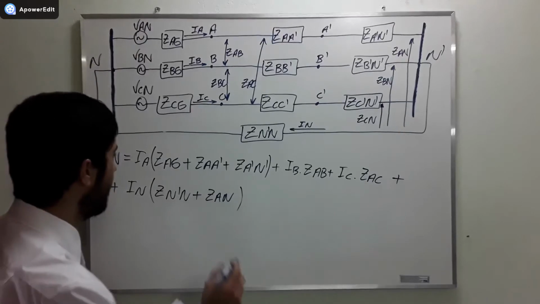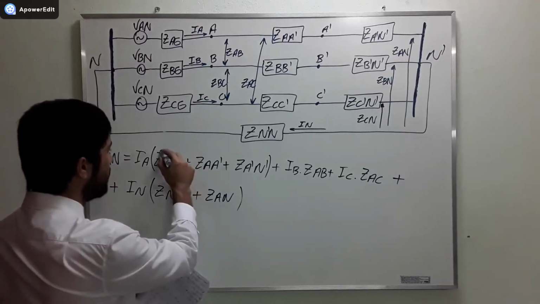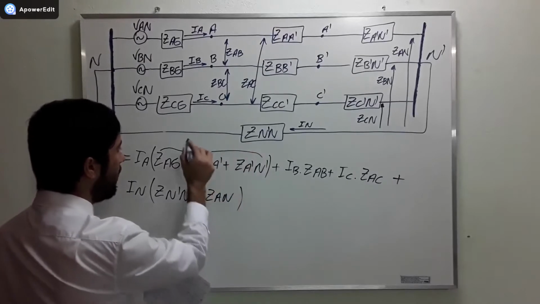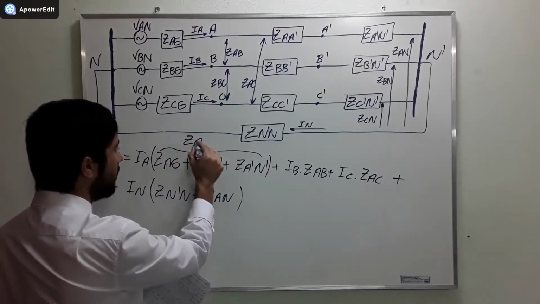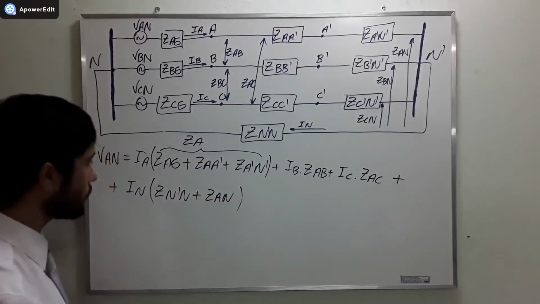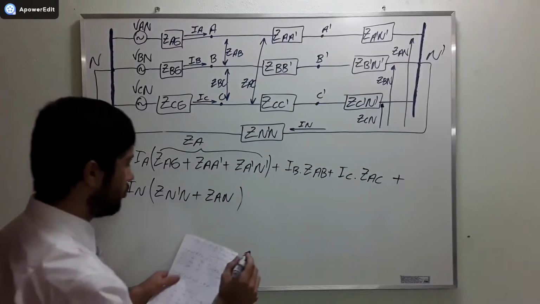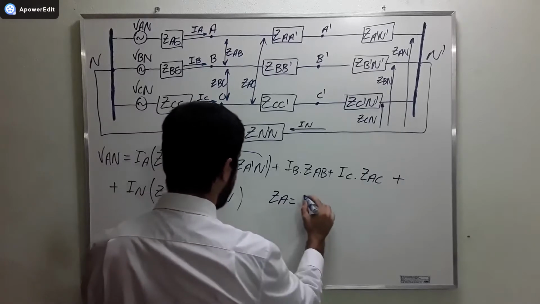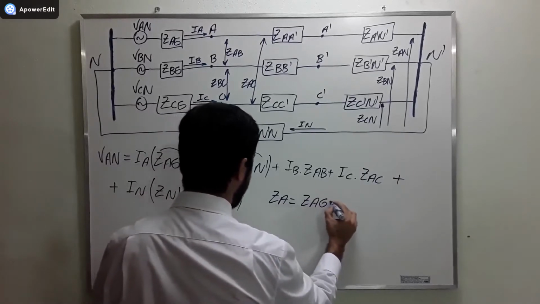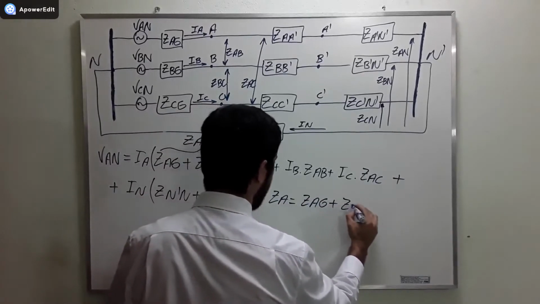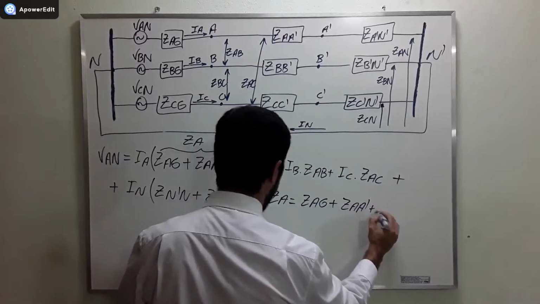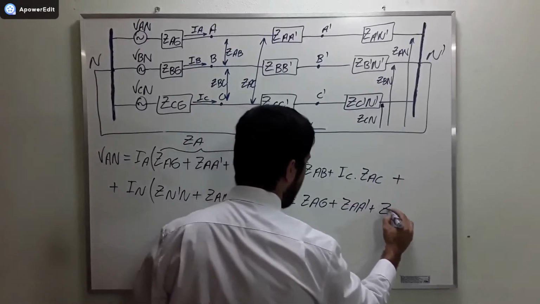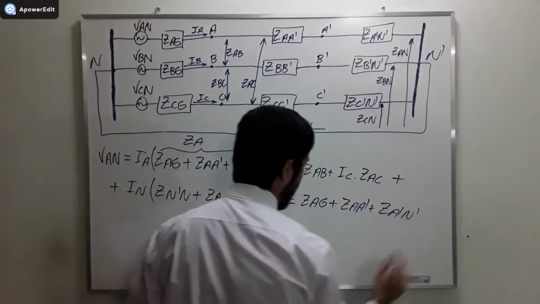But before arriving at the matrix, let's model this entire thing here as the impedance ZA. Okay? So, assume that ZA is equal to ZAG plus ZAA' plus ZA'N'.